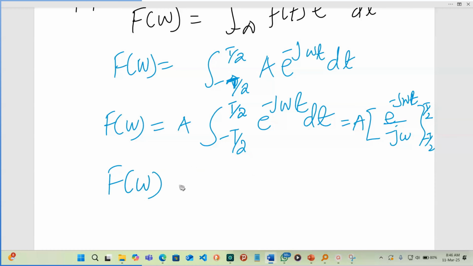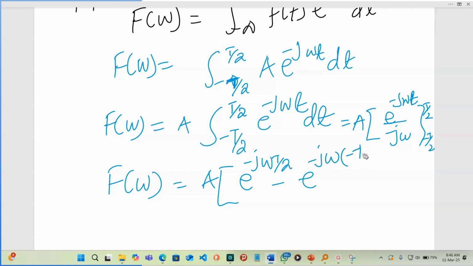So F omega, or the Fourier transform, becomes A, and let's now start substituting in our limits. So this becomes exponential negative j omega T over 2, then we are taking away exponential of negative j omega times negative T over 2. Then we are dividing everything by negative j omega.